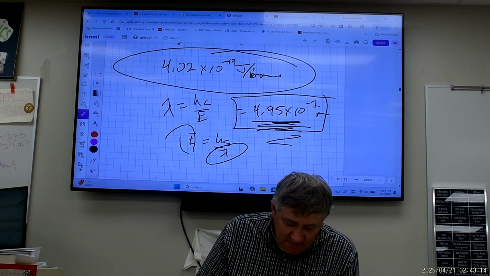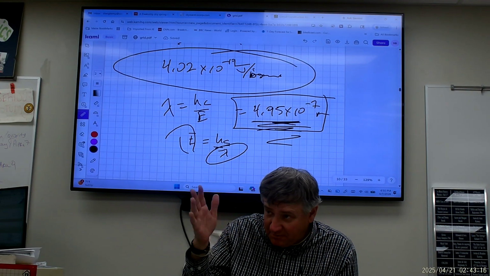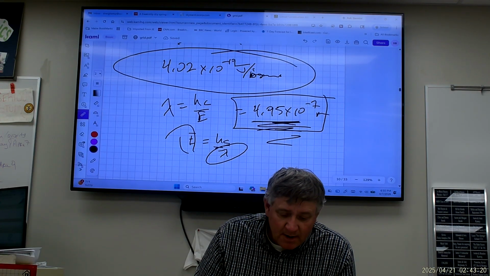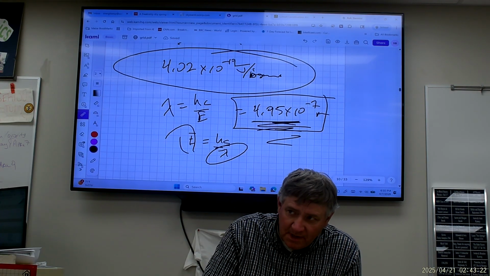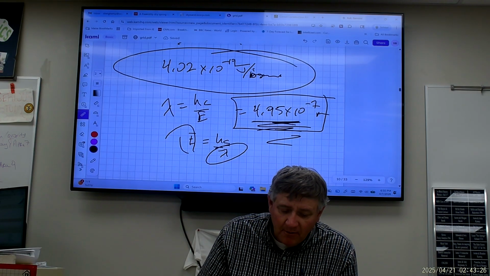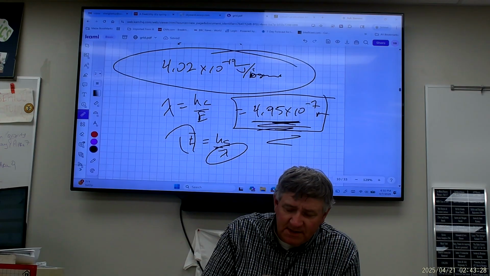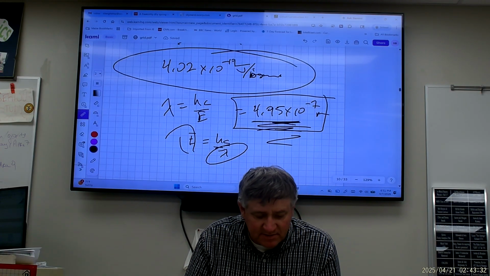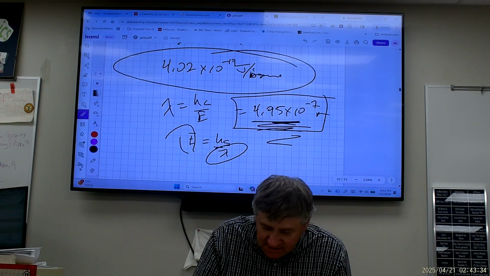Now, let's talk about that next question. So this is what we talked about, this whole idea of rate determining steps. This has a whole bunch of mechanisms. This is like 5 steps. Now, what's the rule? What determines the rate of the reaction? The fast steps or the slow steps? Slow steps.